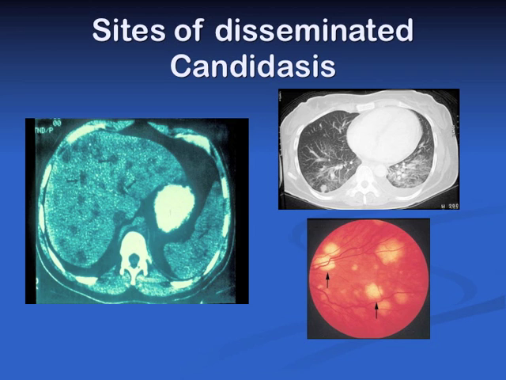And in the upper right-hand corner, you can see those very round bullet-like, essentially Candida septic emboli in the lungs from a disseminated candidiasis. And also, it's important to note ocular involvement. These patients benefit from an ophthalmological consult as well.